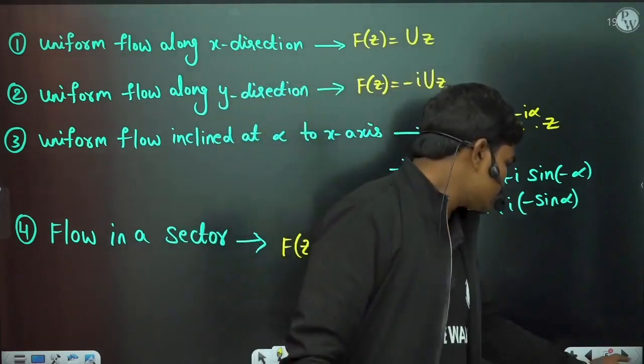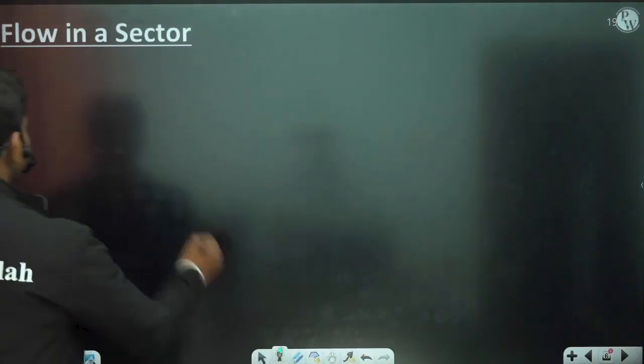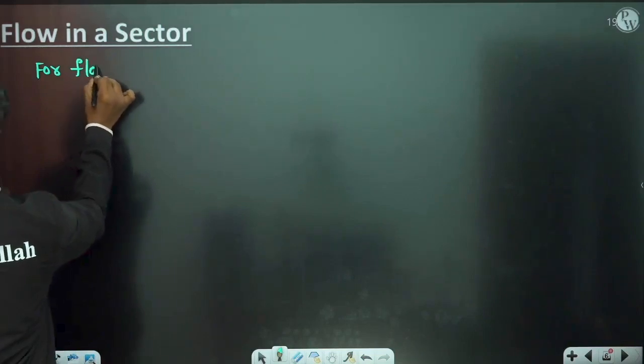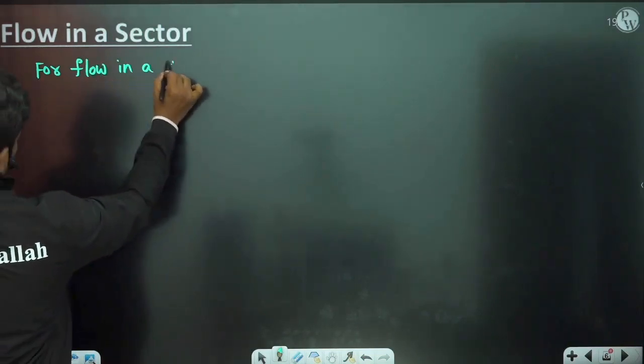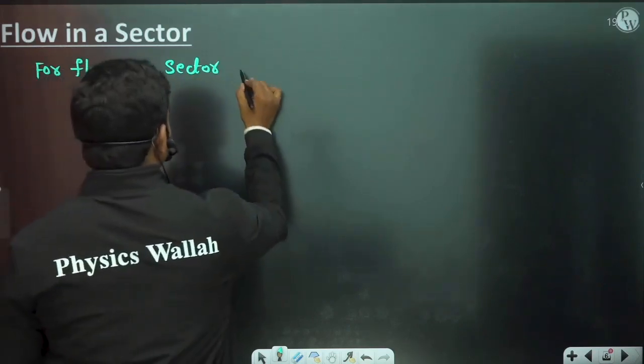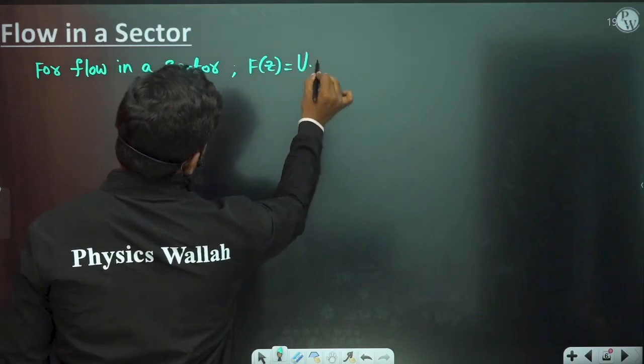So now let us see this flow in a sector. The complex potential function, yesterday I gave you, f of z is given by u into z power n.